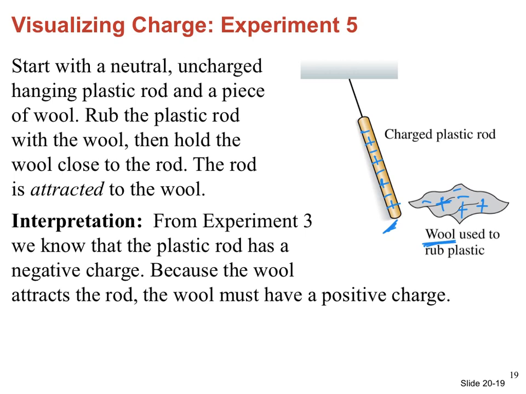If the charged plastic rod, for example, is becoming negative, where are those electrons coming from? Well, the electrons are coming from the wool, and they're being added to the plastic rod. So if electrons are leaving the wool, what's that going to leave it with? It's going to leave it with a positive charge. So if I have a negative rod and positive wool, those two things are going to attract.